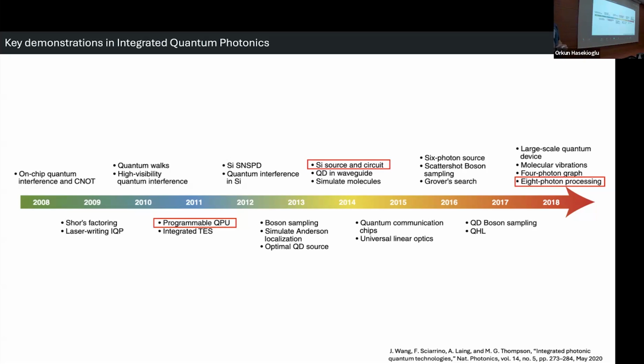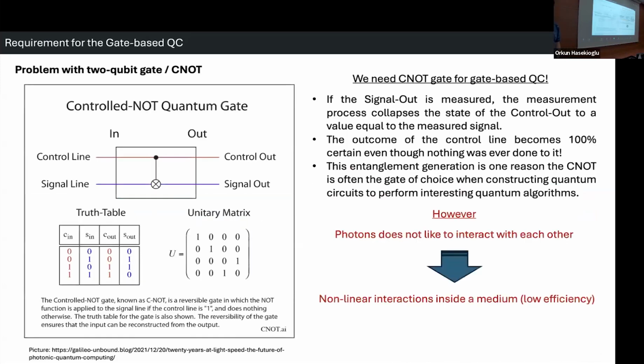It's a basic model, but you see, for example, silicon SNSPD, the silicon source and the circuit. Now they're pushing it, and we have 8-photon processing here. It's a 6-year-old chart, but now we have 20 by 20 qubit operational devices, for single qubits, discrete-level systems.